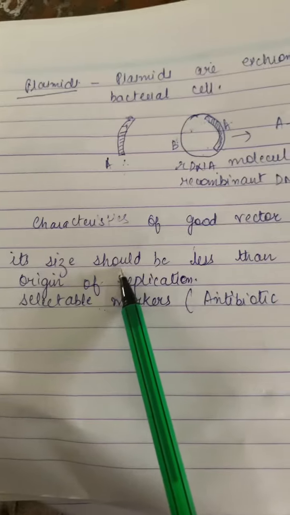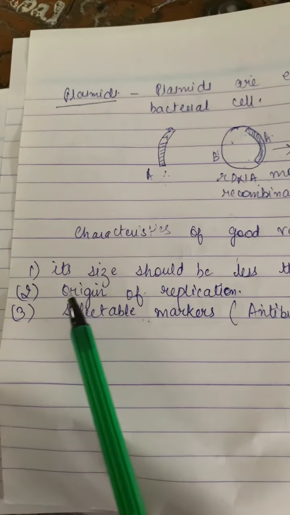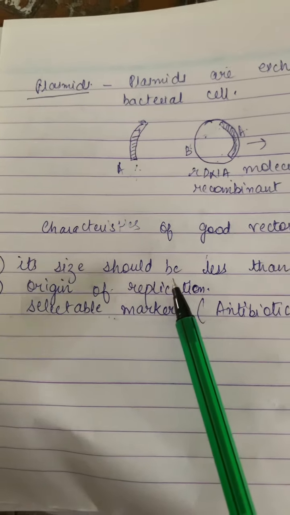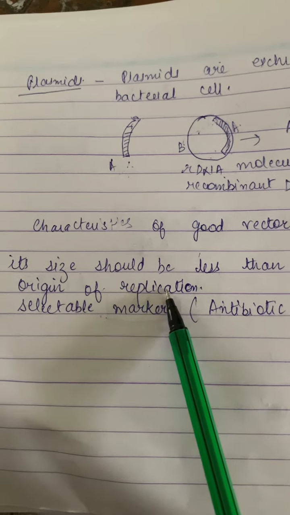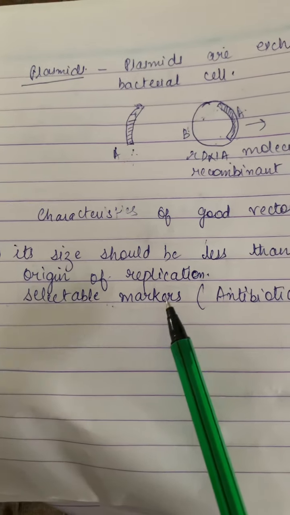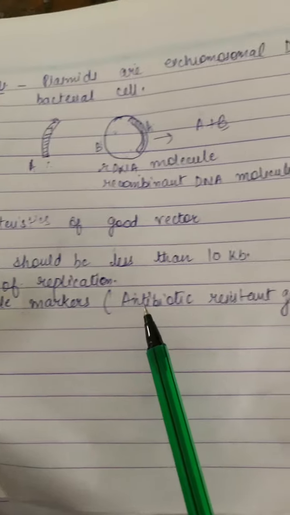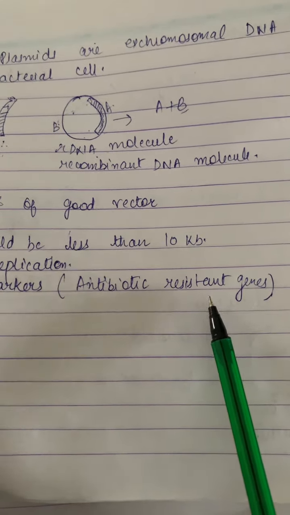First, its size should be less than 10 kb. Second, it should carry an origin of replication due to which it will be able to multiply, and third, it should carry selectable markers, and the mainly used selectable markers are antibiotic resistant genes.